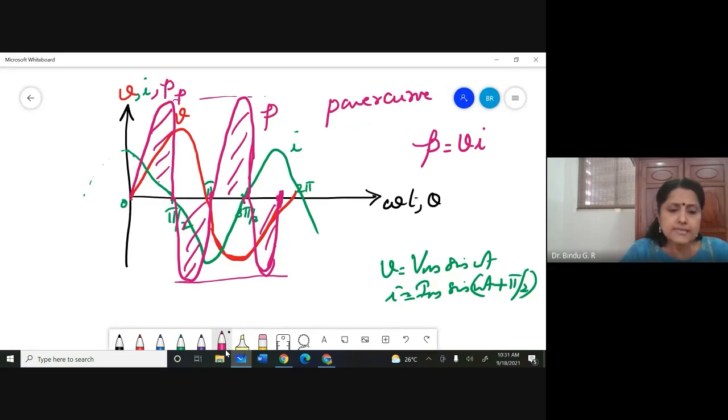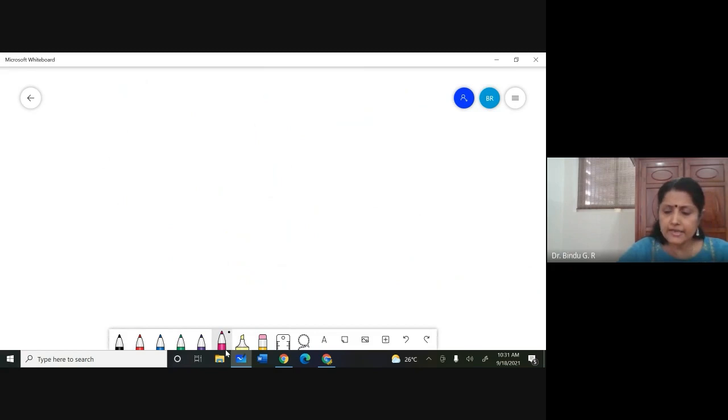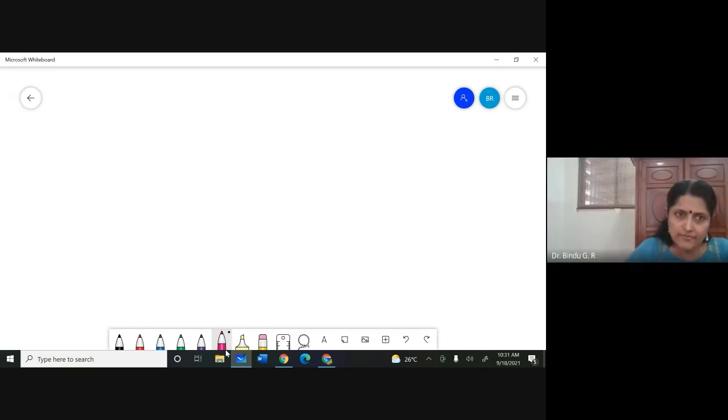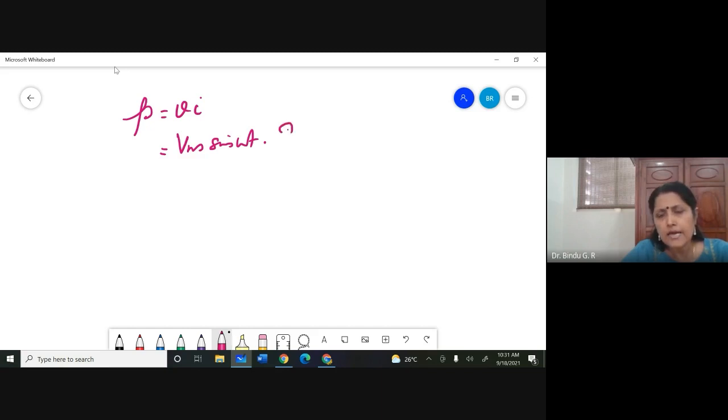Again, as in the previous case, if I derive the equation, did you draw those figures? Varsha? Yes. Okay. So if I derive the equation as in the previous case, P is equal to VI, I should get the average power as 0, isn't it? So V is equal to Vm sine omega t into Im sine omega t plus pi by 2.